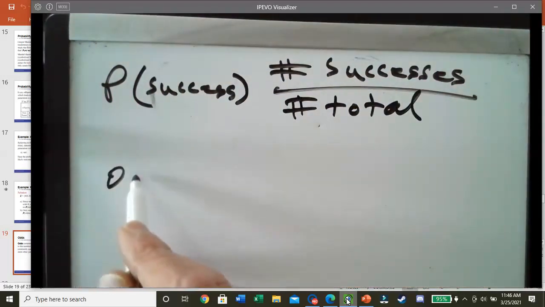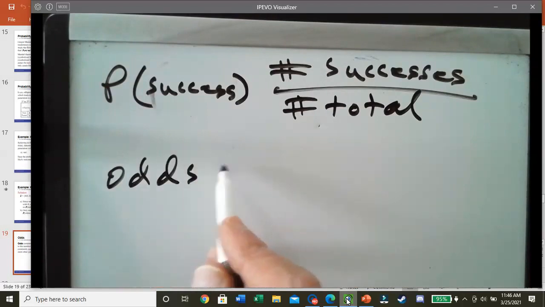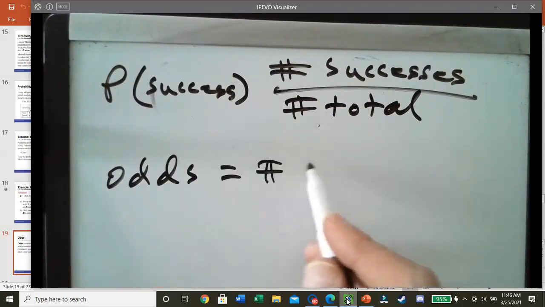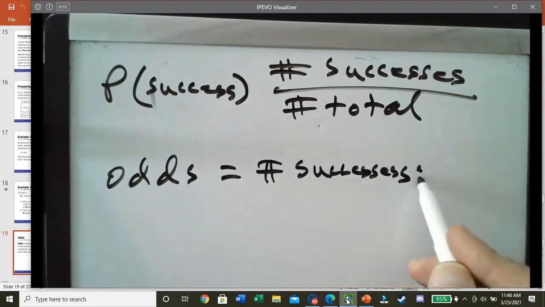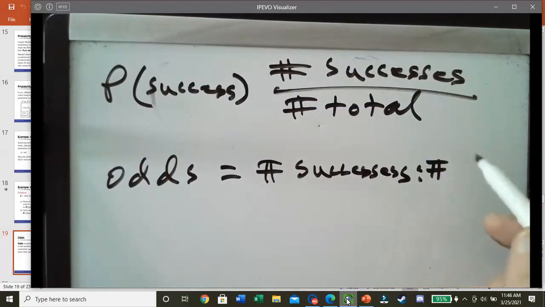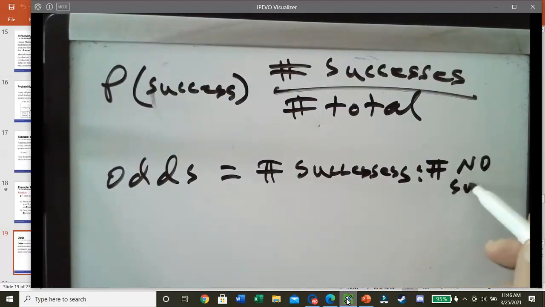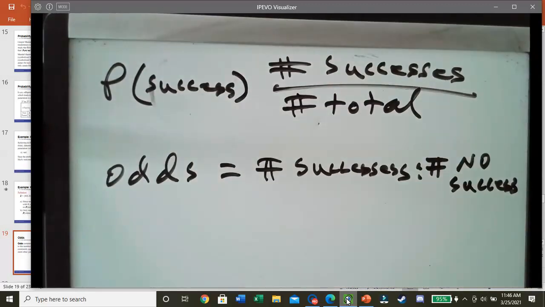Whereas odds looks at the number of successes over the number of not successes. Or you could even call them failures, but they're really not a failure. It's just not what you're looking for, okay? It doesn't mean anything bad. It just means what you're looking at versus what you're not looking at.